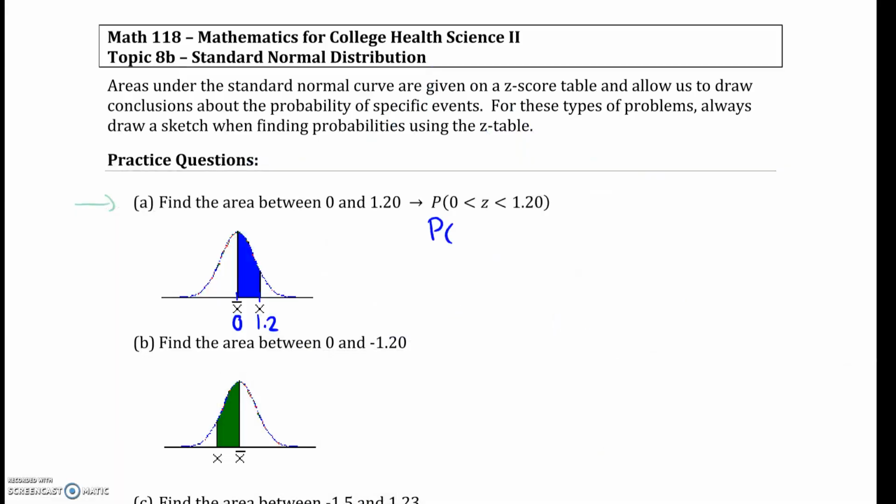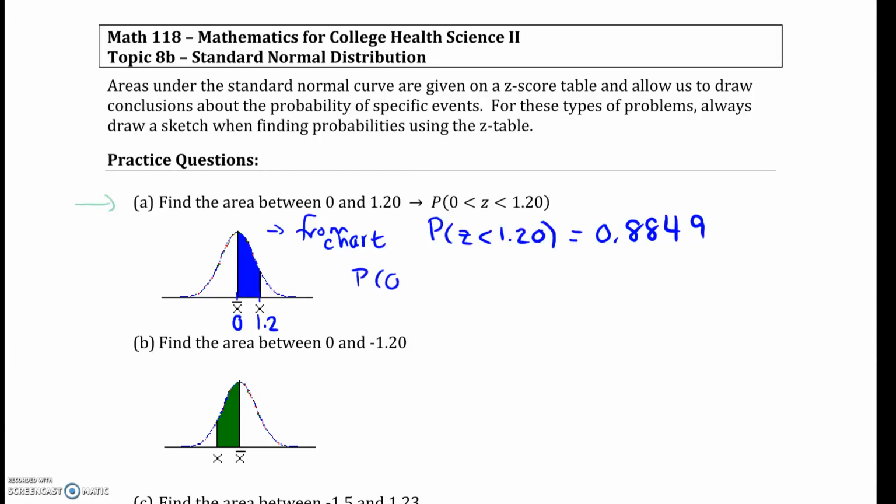So the probability that z is less than 1.20 is 0.8849. Now, we don't want the probability that z is strictly less than 1.2. We want the probability that z is between 0 and 1.2. So that first thing that we found was from the chart, right?